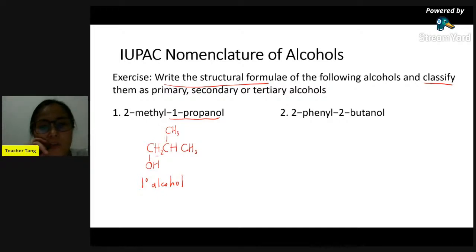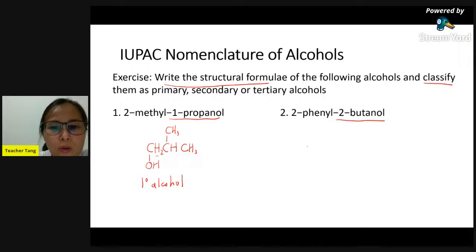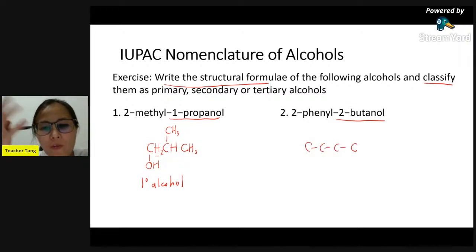Now we move on to look at question number 2. Again, we want to draw the parent first. This is 2-butanol. Butanol has 4 carbons, and in 2-butanol the hydroxyl group is attached to carbon number 2.